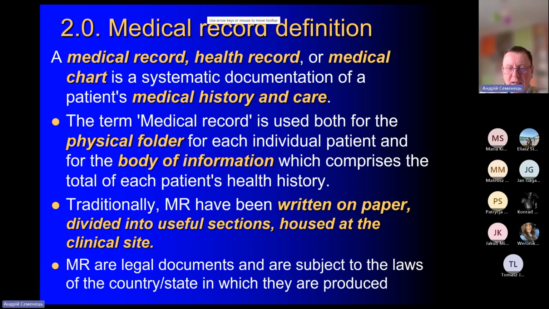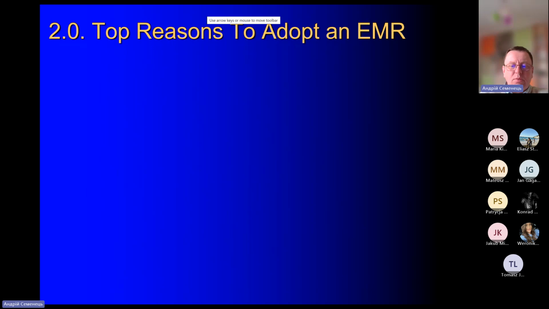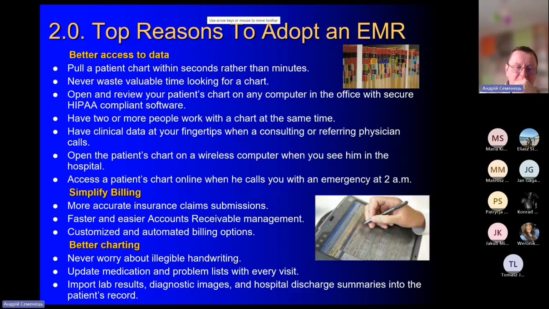For generations, medical records have been written on paper, and now it's time to move on. It's already converted in most developed countries, even countries like Ukraine, into electronic digital form, so it's become accessible on demand, accessible at the same time by different physicians if necessary, available for data processing, for statistical analysis, visualization, and so on.